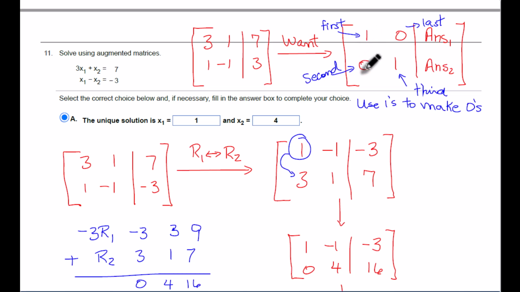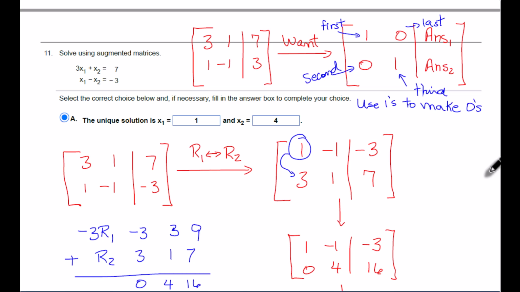I want to get a 0 under it second. Then I want to get this 1/3, and finally I want to get a 0 above it last. And if I can make my matrix look like this, the answer for x1 and x2 will simply appear in these positions.